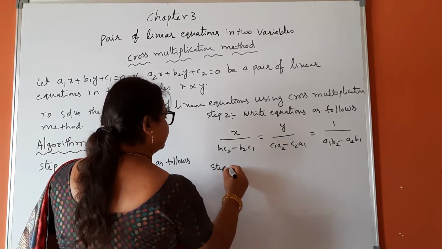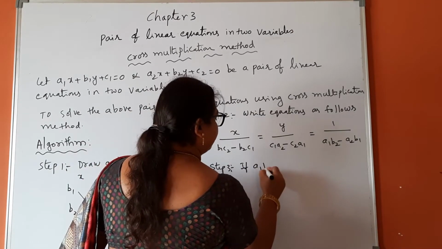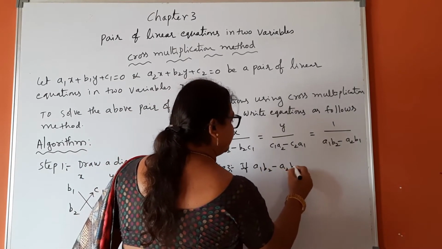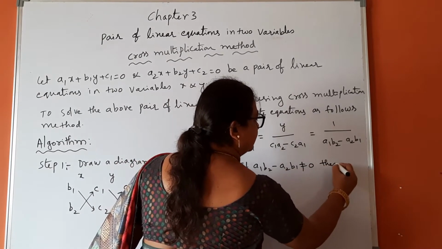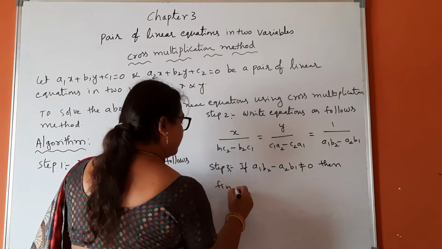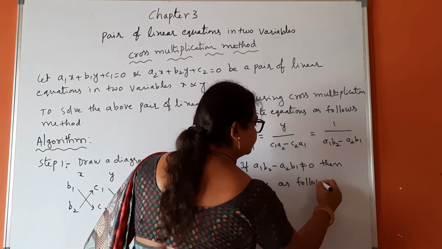Step 3. If A1 B2 minus A2 B1 is not equal to 0, then find x and y as follows.